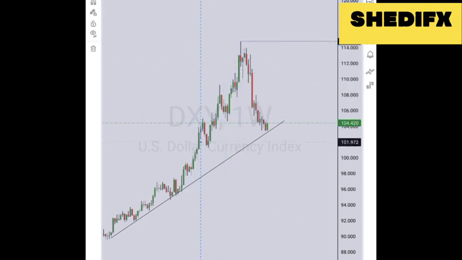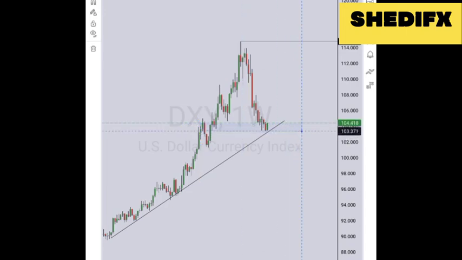But then if you take from this low to this high, you notice that we have this move created from this beginning here. You understand? So currently the market came back, testing into this area here.